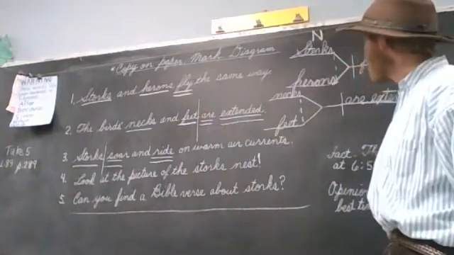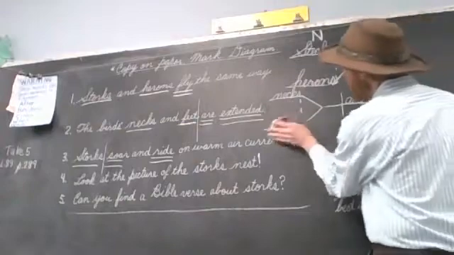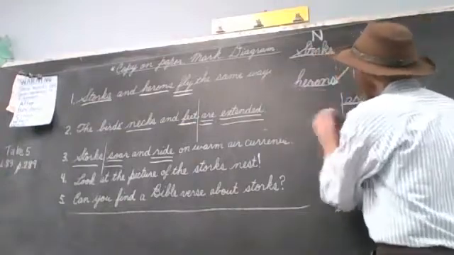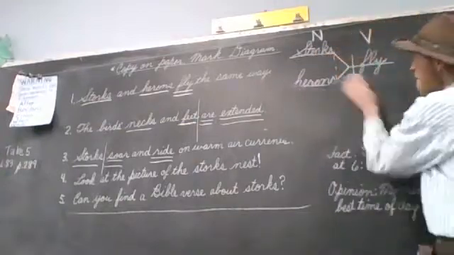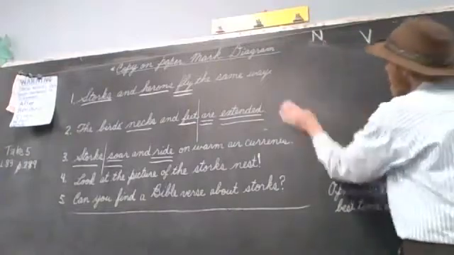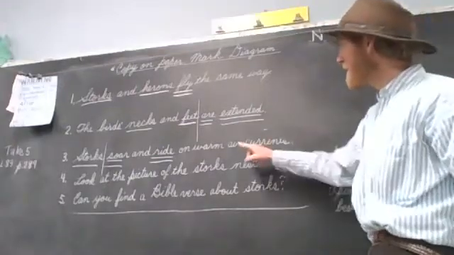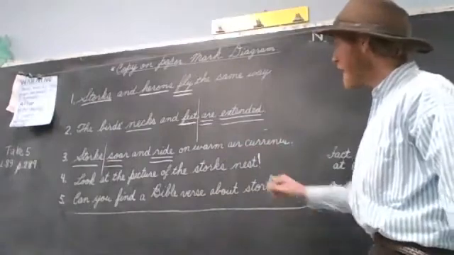All right? Now, because of our space, I'm going to just go ahead and erase this one. You could always rewind or back up the video if you need to still see that. But let's diagram this one. What kind of verb is it?